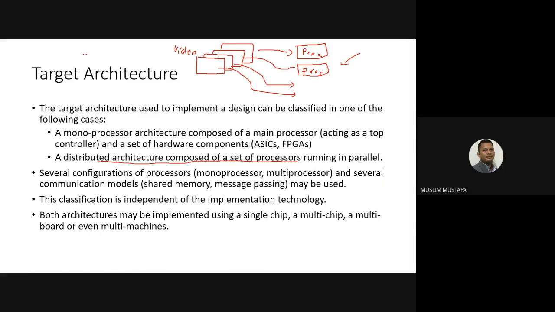Previously, Intel or any other processor company had only one processor. To increase the performance, they used pipelining, superscalar, whatever you learn in computer architecture, and then they started to increase the clock frequency.